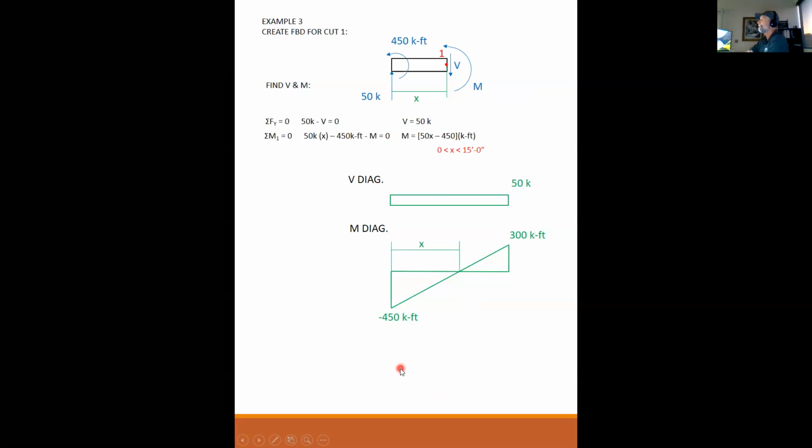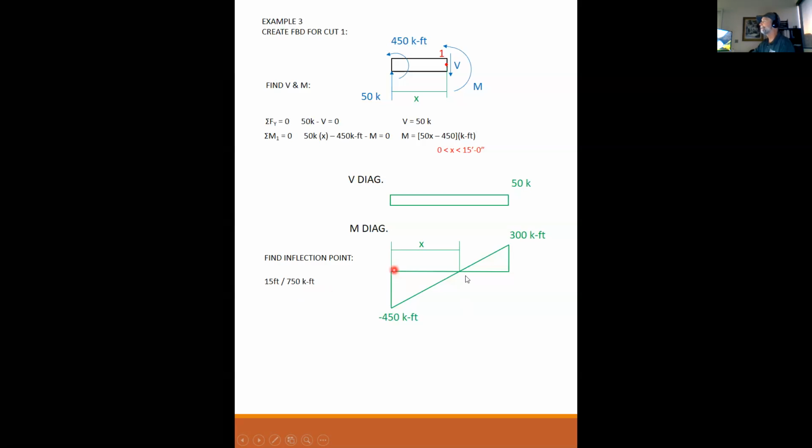We would also want to be able to find, where is this inflection point? Where does the moment go from negative to positive? And to solve for that, you use similar triangles. So you can say that the whole span is 15 feet, and the total moment is 450 plus 300, which is 750.